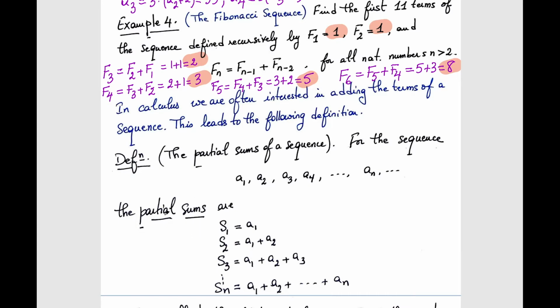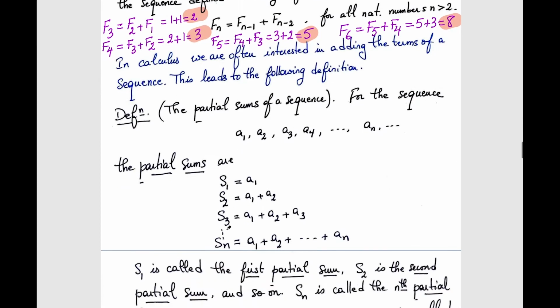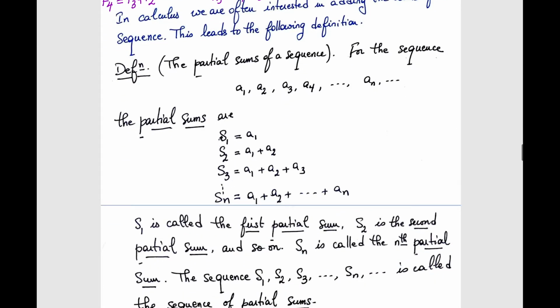And what's a partial sum? Here's the definition. Given a sequence as described above, the first partial sum, denoted here by s sub 1, is just the first term. The second partial sum, s2, is the sum of the first 2 terms, a1 plus a2.